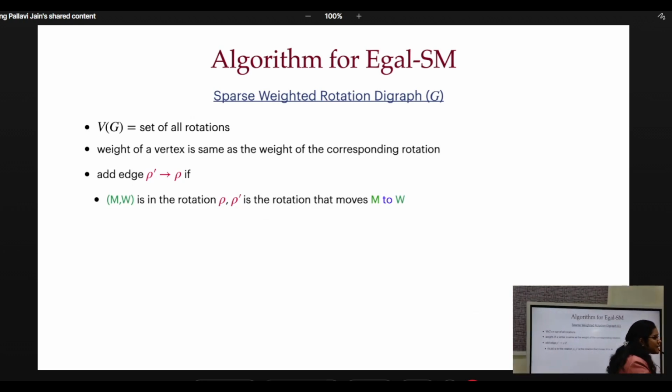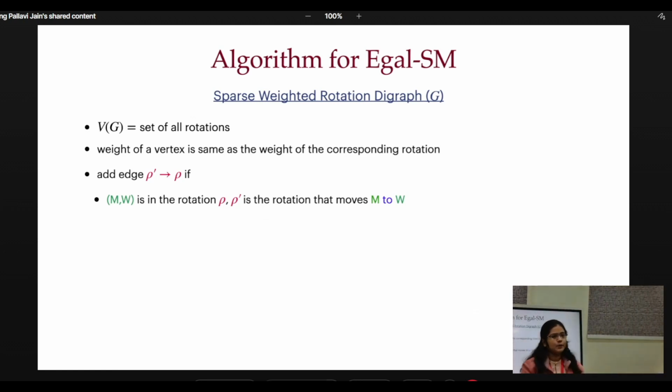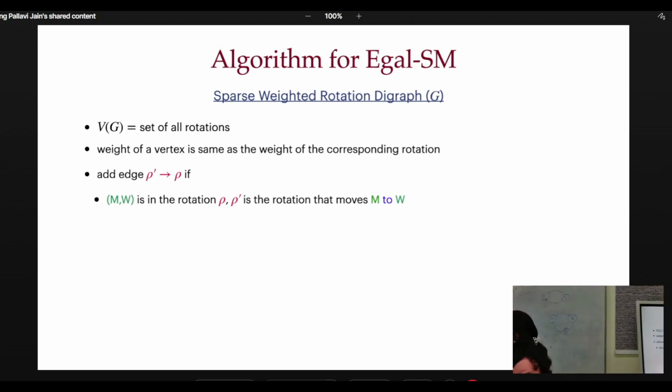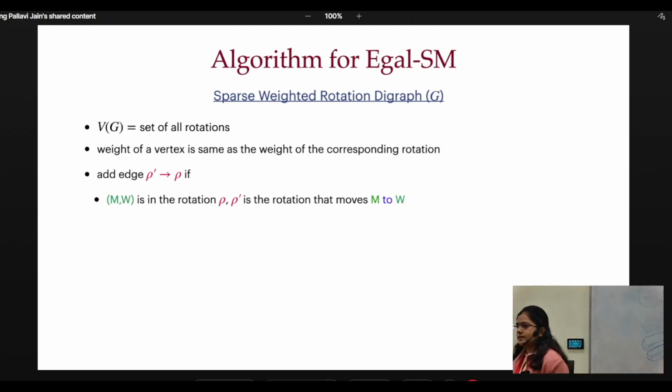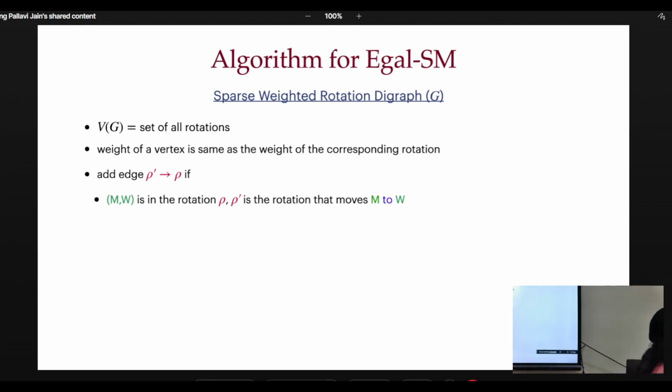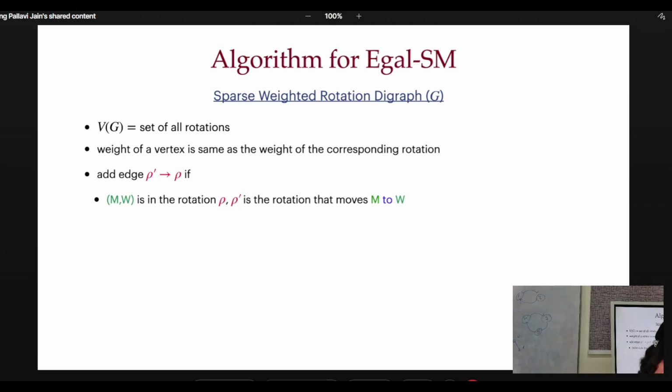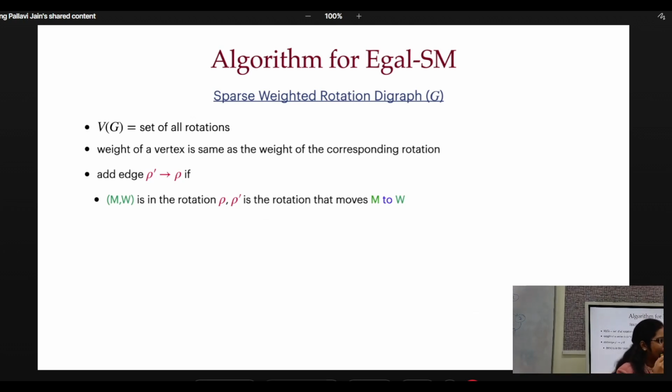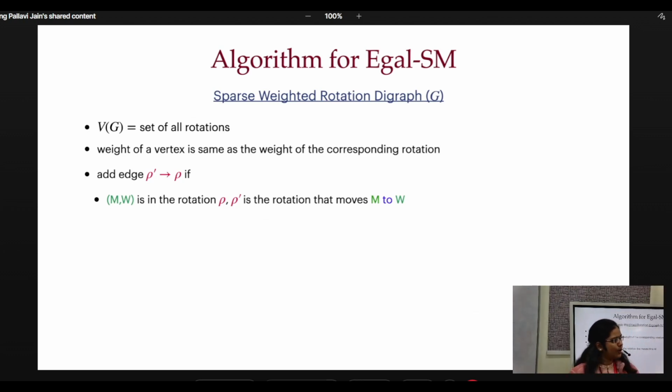Because someone else moved M to W. MW is in the rotation, which means this is a matching edge at this point of time. But why is it a matching edge? Maybe because of some other rotation. You eliminated some rotation, and that is how M is moved to W. In that case you add an edge from rho prime to rho, and this is obvious, because what are we trying to say?